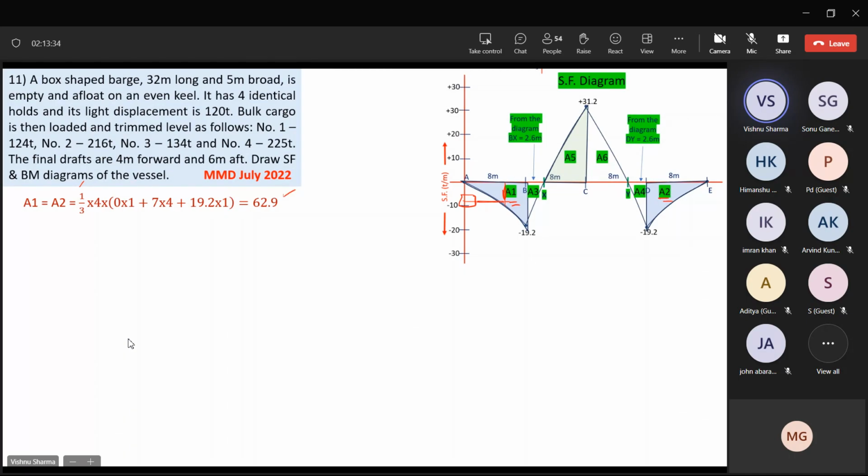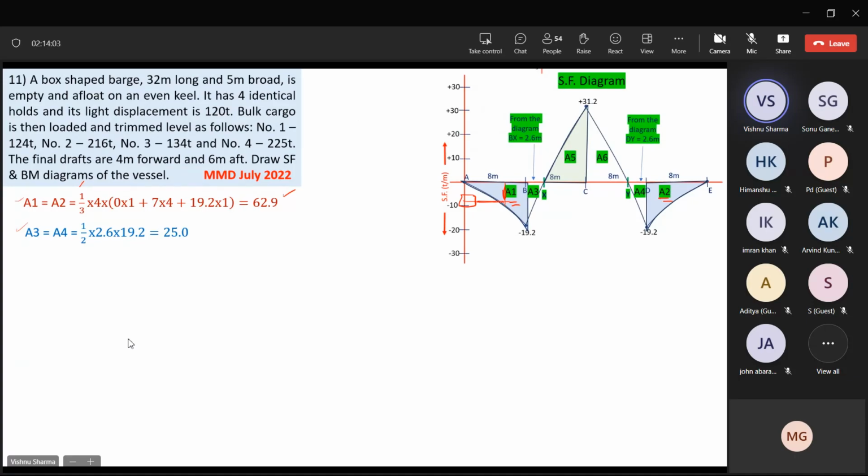A1 and A2 become 62.9. A3 and A4 is nearly a triangle, so I have just cut short and taken it as a triangle because it's a small portion. So for A3 and A4, half base is 2.6 from my graph and height is 19.2, and I get 25. That is how I get these 4 areas.